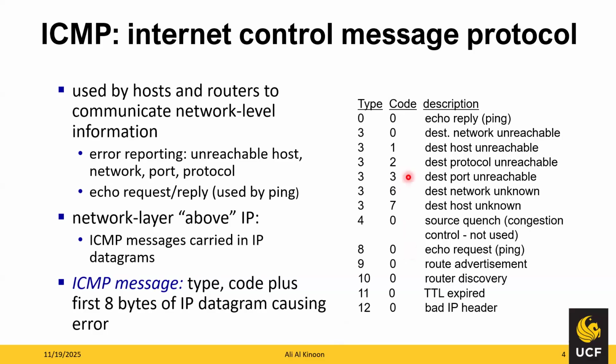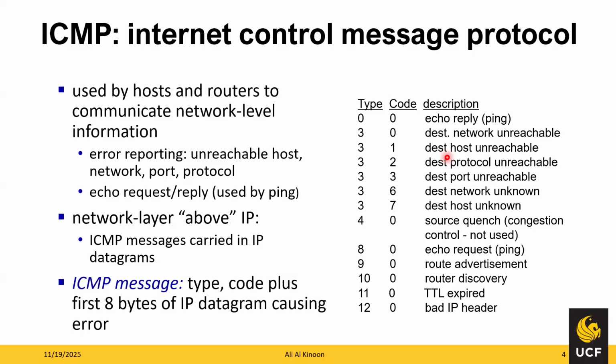Okay. The table here shows some common ICMP messages used for diagnostic and routing behavior. For example, we have type 0 and code 0 here. This is just going to be an echo reply. This is sent back during a ping. Type 3 here has codes such as code 1, and that indicates different unreachable errors, such as unreachable hosts, protocols, or ports.